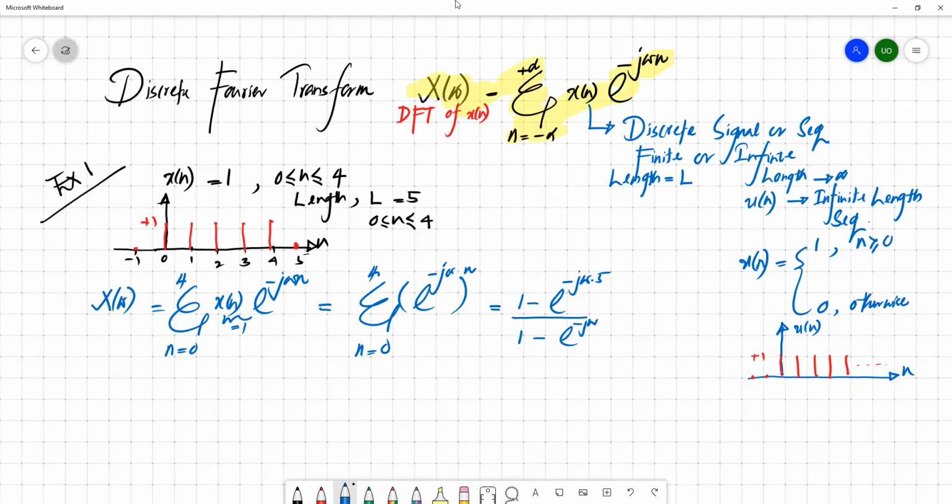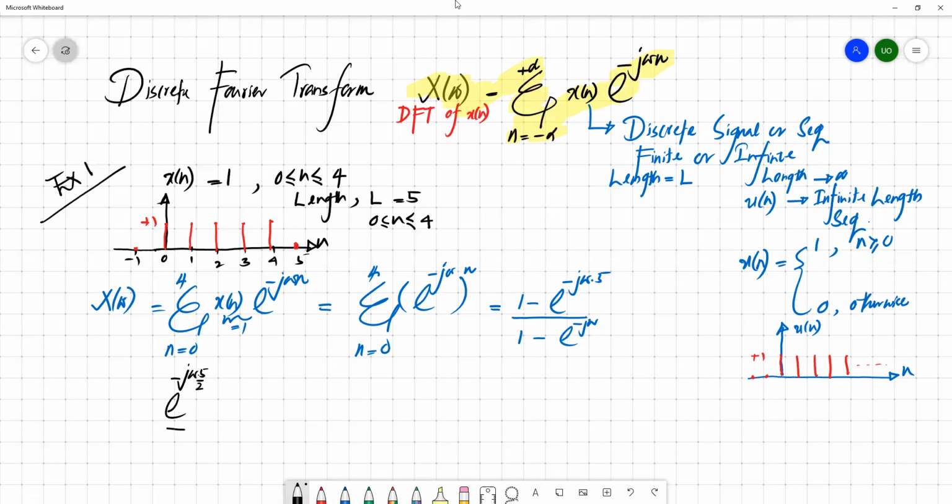Now it's up to you to simplify this expression further. We get a fraction of exponential terms, and we can simplify it. You can take half of this exponent out, so e to the power minus j omega 5 by 2.